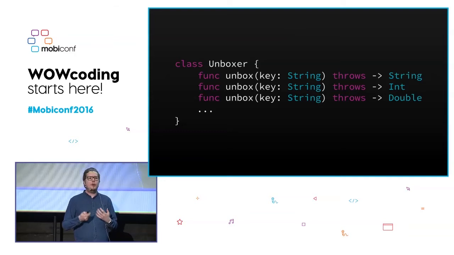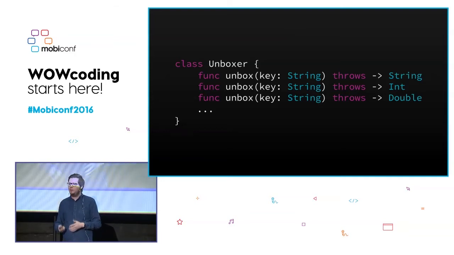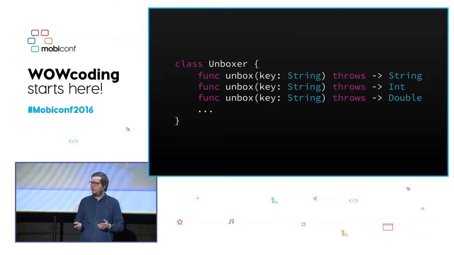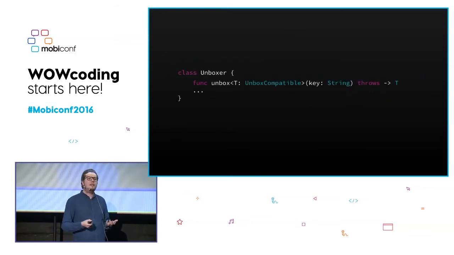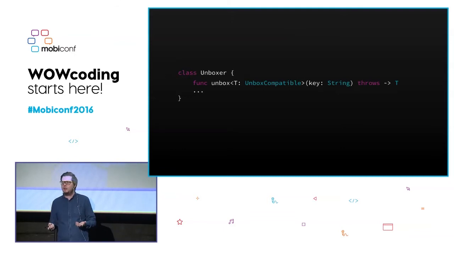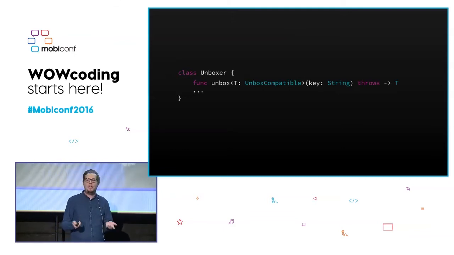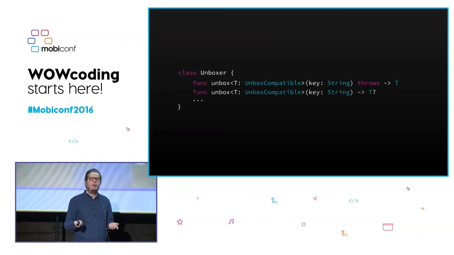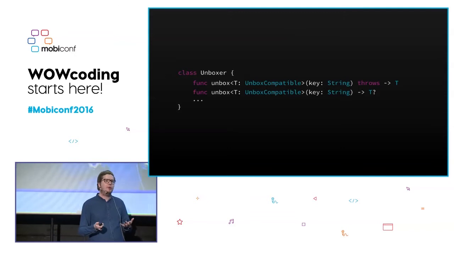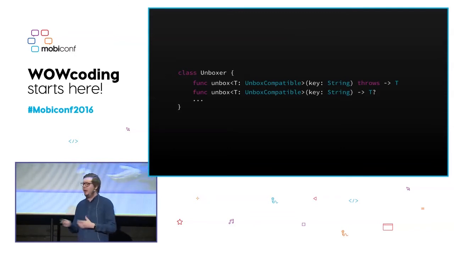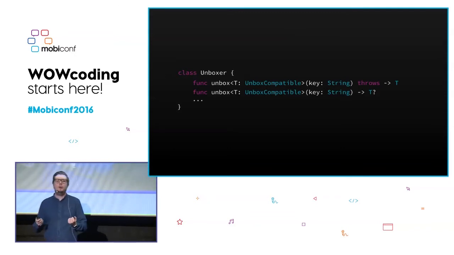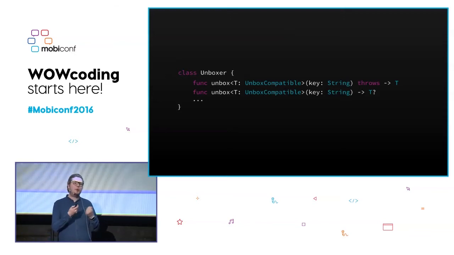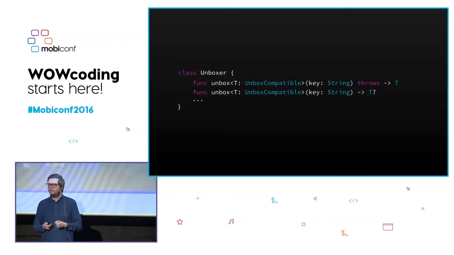So what I did pretty recently is that I changed to a protocol-oriented approach, because I'm a huge fan of protocol-oriented programming, where all these types instead conform to an unbox compatible protocol, and we can just have a single overload for that. And then we can also create overloads that return optionals. In that way, we can handle optional values that we don't want to fail if they're missing. So we have a lot of flexibility when it comes to values that are required or values that are optional.